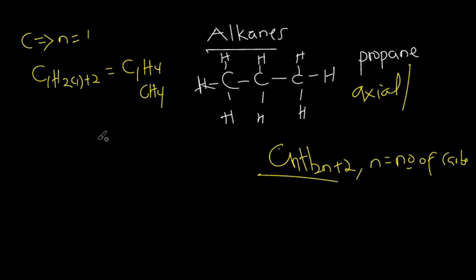So the simplest alkane we can get has the molecular formula CH4. So we write it like this: CH4. Now let's take a look at something. If you've done hybridization and you know your hybridization, then this shape should tell you something. This is a tetrahedral shape.